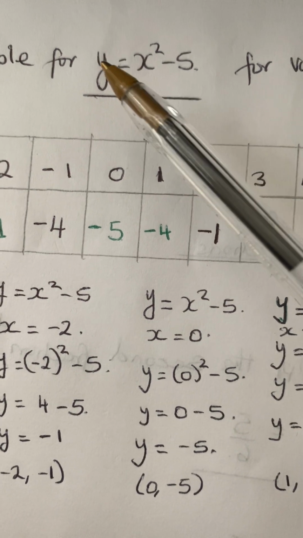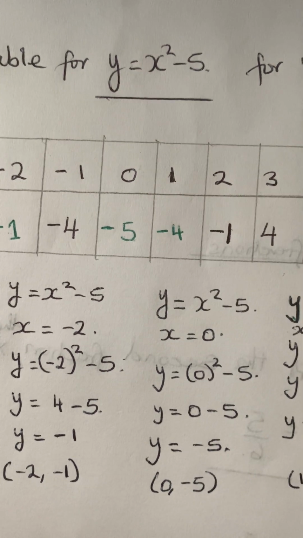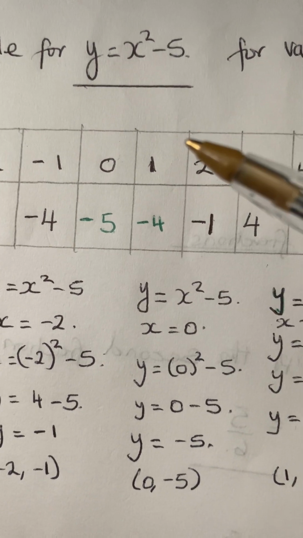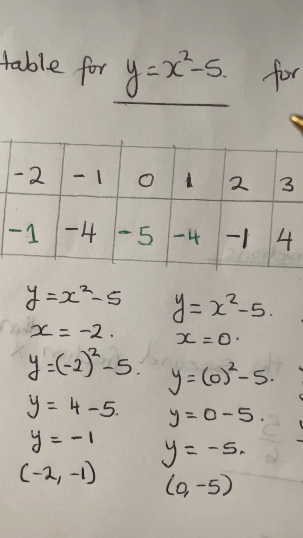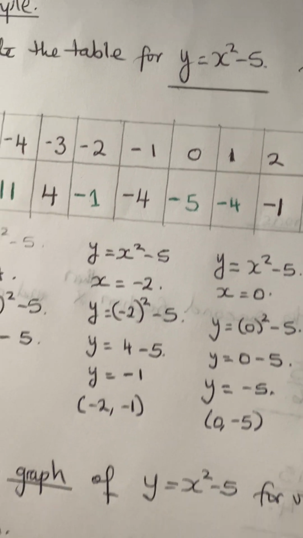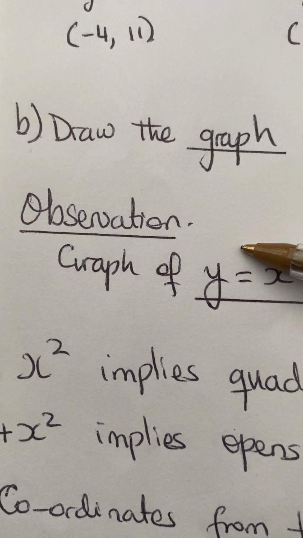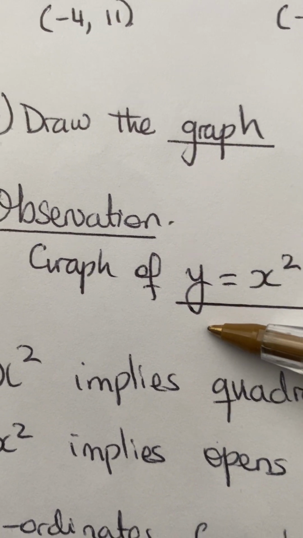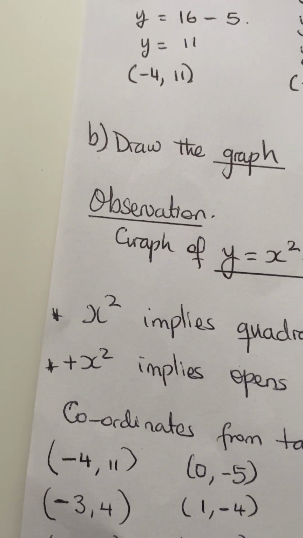So we are expecting a graph that is going to open upward, and it's a curve. It won't be a straight line. So that is our observation here. You don't have to write this, just explaining to you, because we've done this as well.